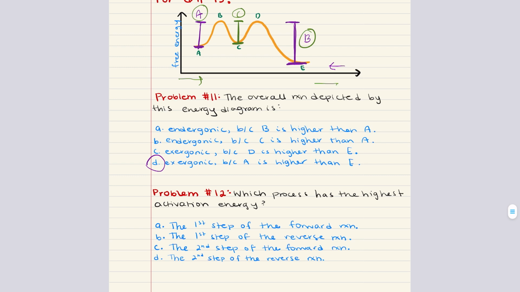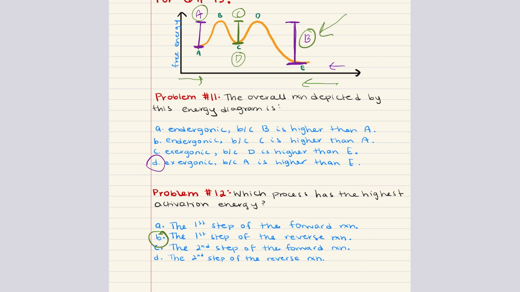So now we're looking in the reverse direction, and that is also going to be the activation energy difference between C and B. So this is both the answer choice for C and D. Now, just looking at our drawing of our relative bars for activation energy, B is the largest. This is going to be the greatest activation energy, the largest activation energy. So it's going to be that first step of the reverse reaction, which means that the correct answer for 12 is B.